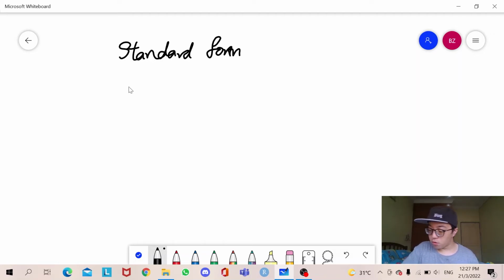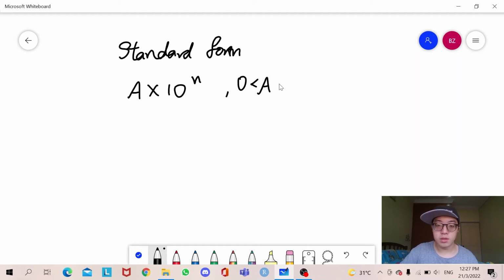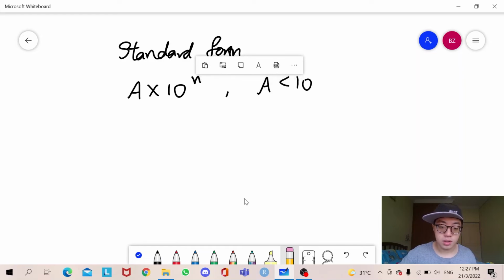So standard form, we will say is a times 10 to the power of n, where a is larger than or equal to 1 and lesser than 10. Wait, it cannot be larger than 0.